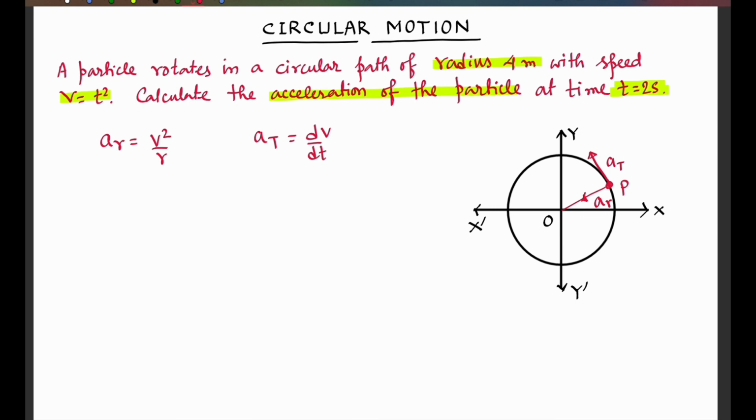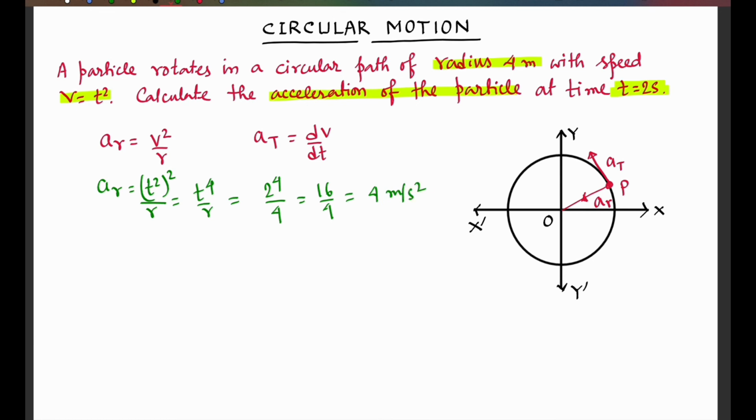As v is equal to t square, we can write that the radial component here is (t square) to the power square by r, this is t to the power 4 by r. Therefore, this is equal to 2 to the power 4 by 4, this is 16 by 4, this is 4 meter per second square.